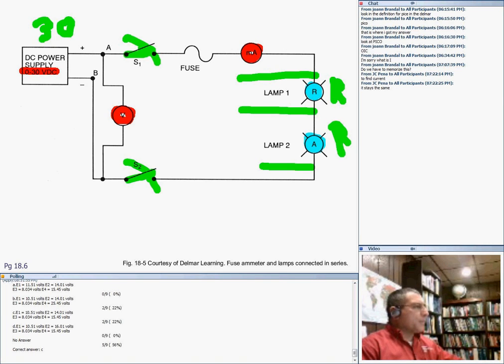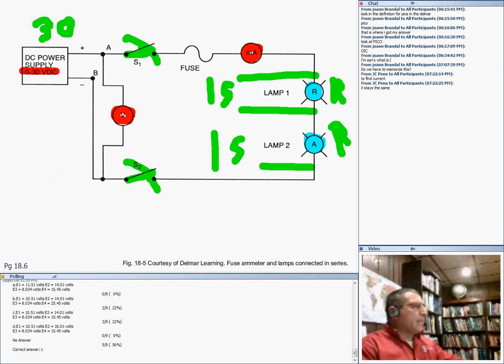So what do you expect the voltage across each lamp to be? There you go. If the resistors are the same, they share the voltage equally, so it will be 15 volts here and 15 volts here.